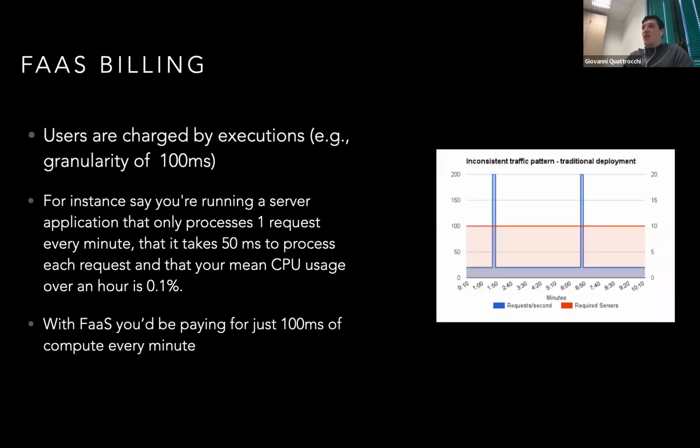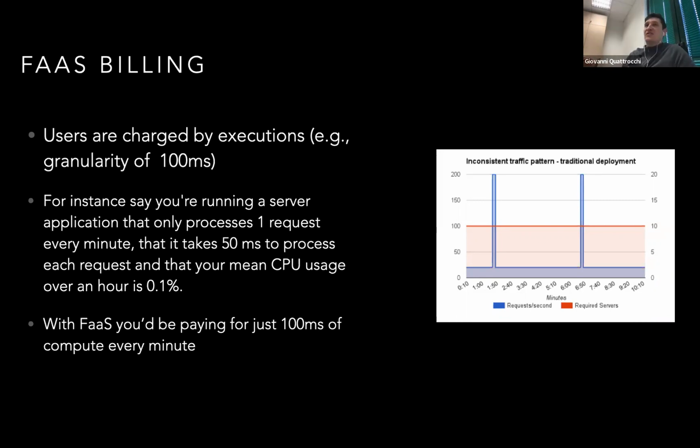Billing. So here we are in the extreme, let's say, a very extreme version of on-demand billing, because basically you pay for the execution time. So if your request takes, let's say, 100 milliseconds to be executed, you pay for that 100 milliseconds.